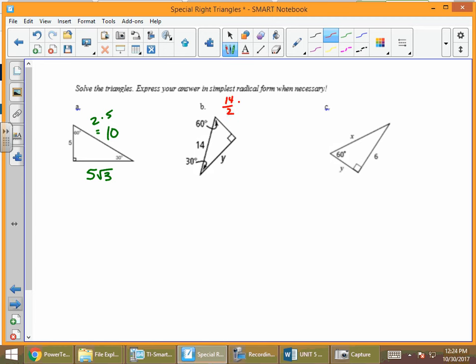And what do we get when we do 14 divided by 2? Now that we have our short side, we can use that to find our long side. So you just go back to our short side. What do we have to multiply 7 by to get our long side? Radical 3. And you don't actually multiply, you just write it next to it.